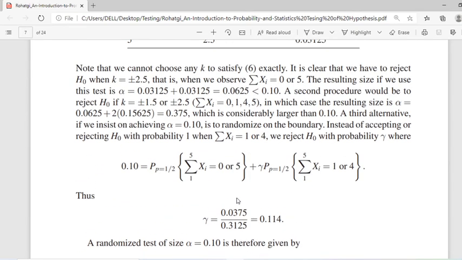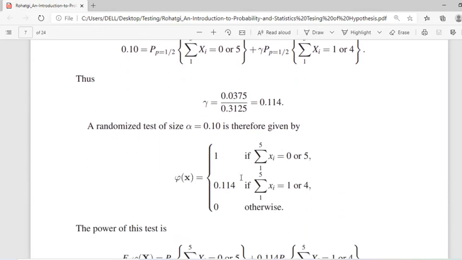So in this problem we can reject with probability 1 when we observe summation x equal to 0 or 5. We can reject with probability 0.114 if summation x equal to 1 or 4. So this can be considered as a test function.